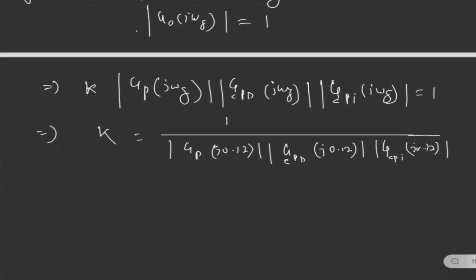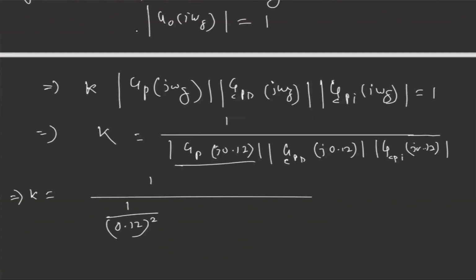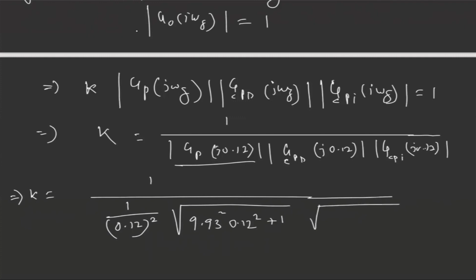So from this, if you substitute all the expressions, K equal to 1 upon, for the plant, 1 upon 0.12 square, and for the G_c_PD, 9.93 square times 0.12 square plus 1, and for the PI, 83.3 square times 0.12 square plus 1, divided by 0.12.